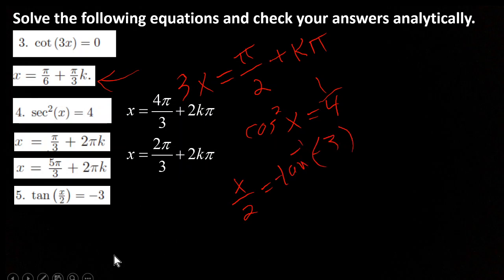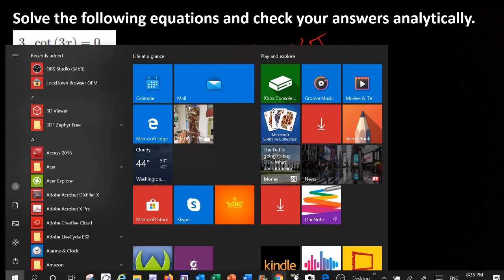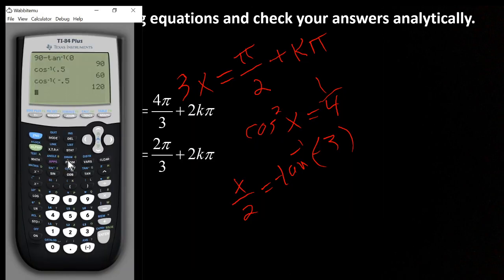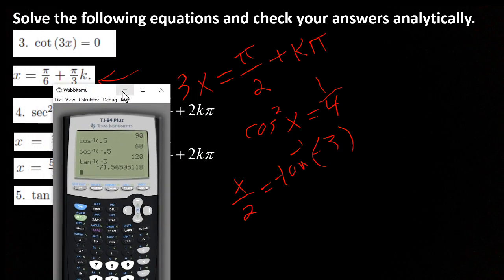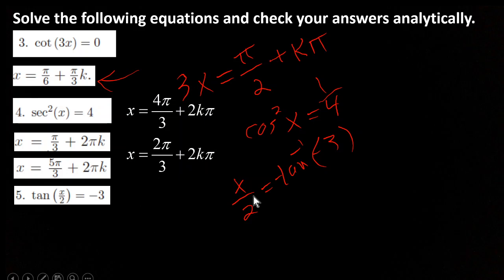Now what is tangent inverse of negative 3? Well, it's like negative 71 point something. So it's going to be right about somewhere right here. That's where the tangent is negative 3.